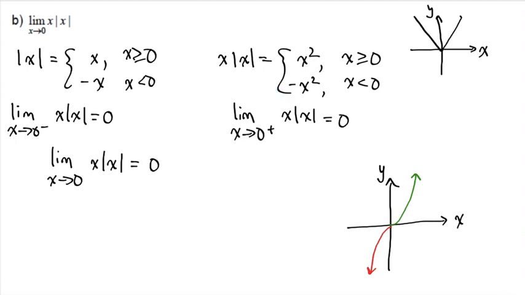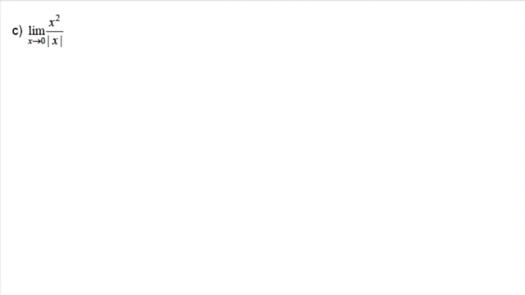Let's do one more absolute value function. So let's take a look at the limit as x approaches 0 of x squared divided by the absolute value of x. So again, what do we have here? We're just taking a look at what is happening to my function, right? I already know that the absolute value function is that piecewise function where it's going to be x when x is greater than or equal to 0 and negative x when x is less than 0.